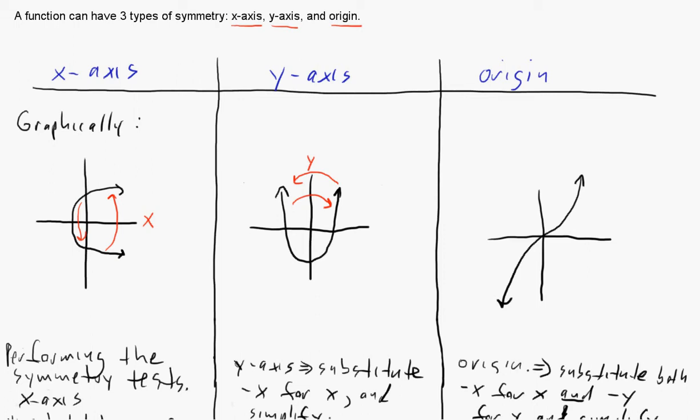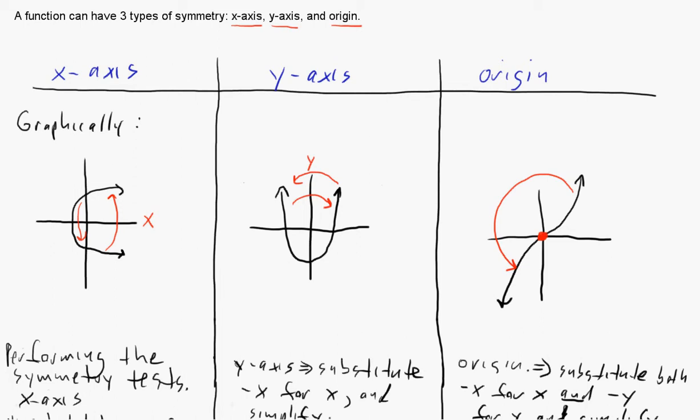Origin symmetry is a kind of rotational symmetry, really. If I rotate the graph 180 degrees, in this graph the upper quadrant would rotate to the lower quadrant, and the lower quadrant would rotate exactly to the upper quadrant. They'd rotate precisely onto each other, and again it would look exactly the same.